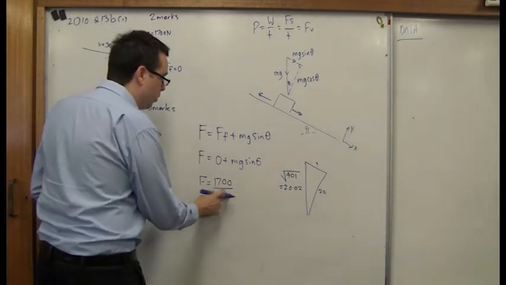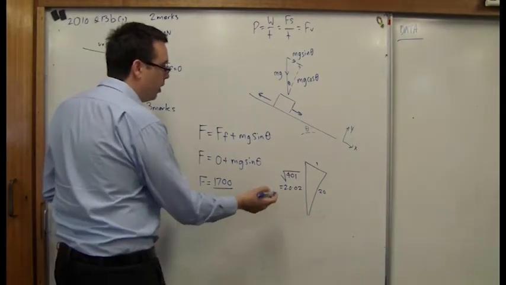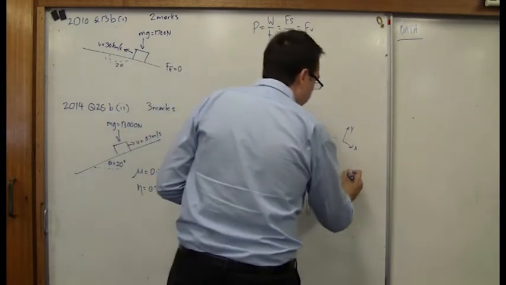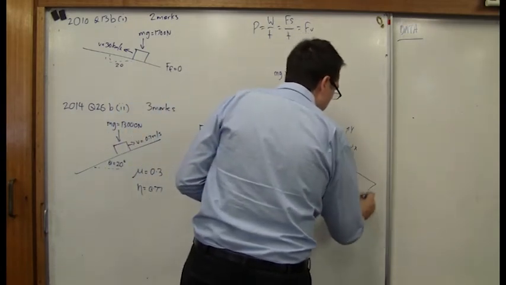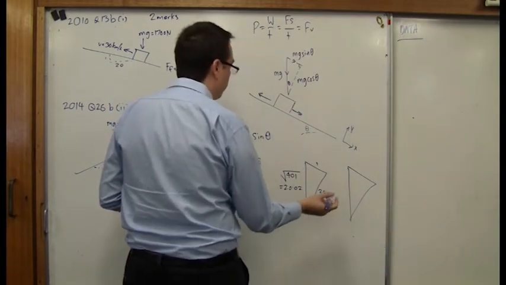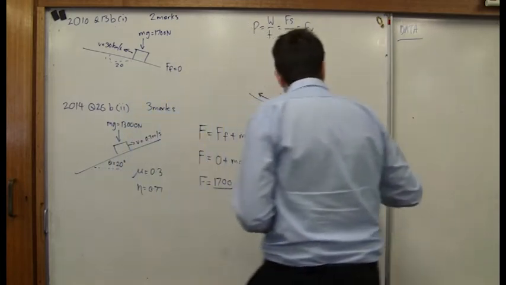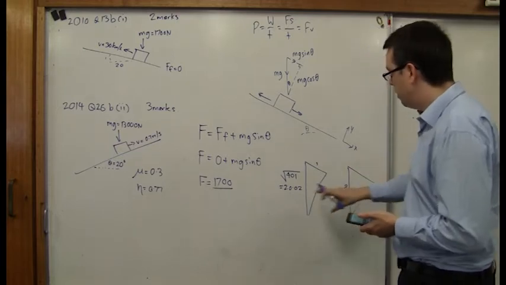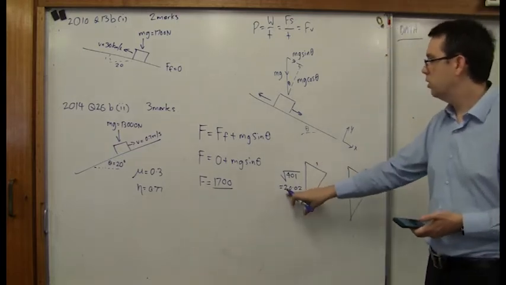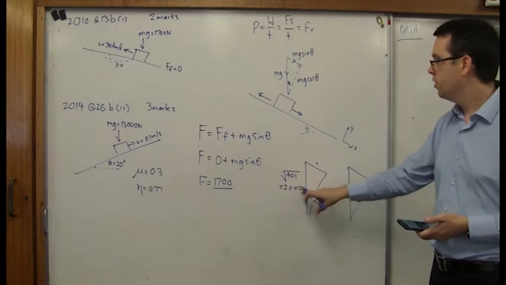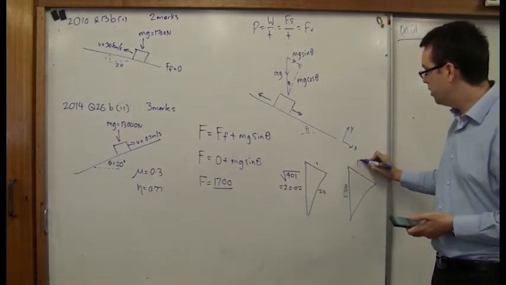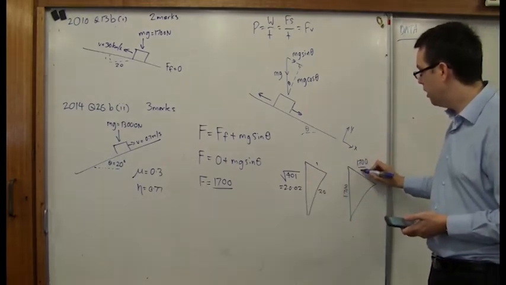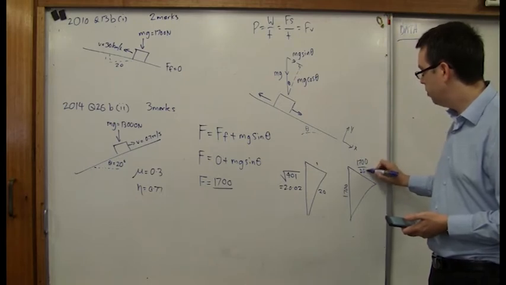What we should actually be doing is, if we know that we've got similar triangles, and we've been told that this one is going to be 1700, and we know that this is 20.02, well, this is going to be the same as 1700 divided by 20.02.